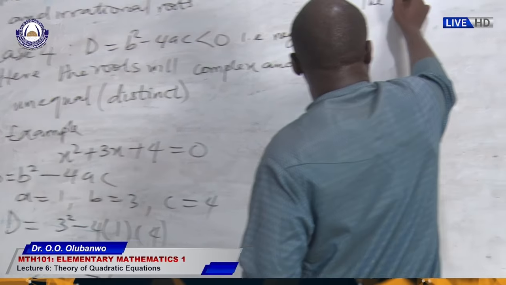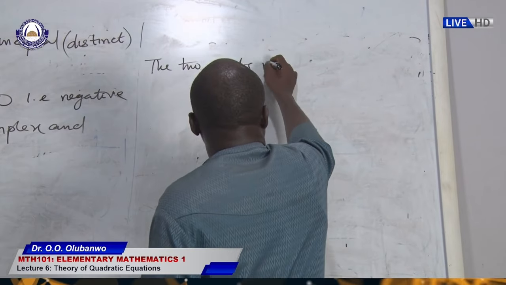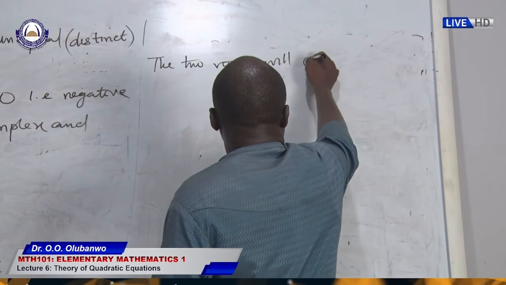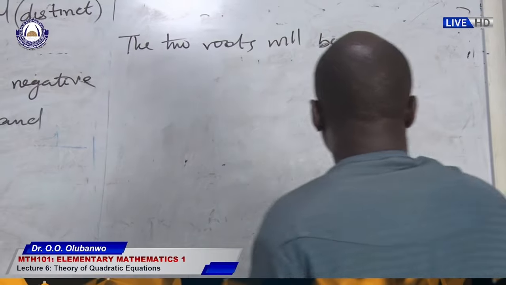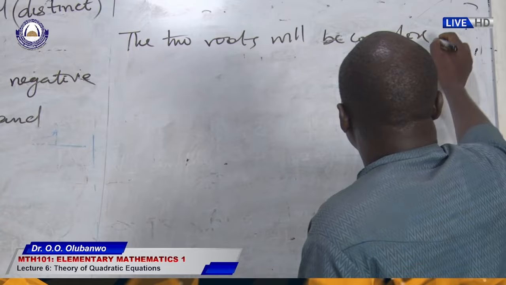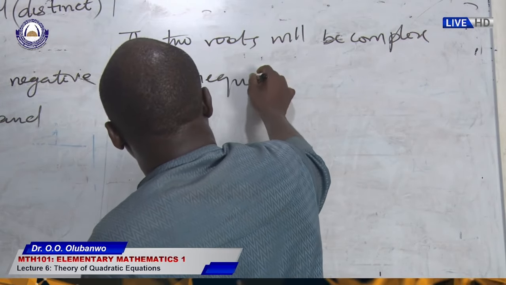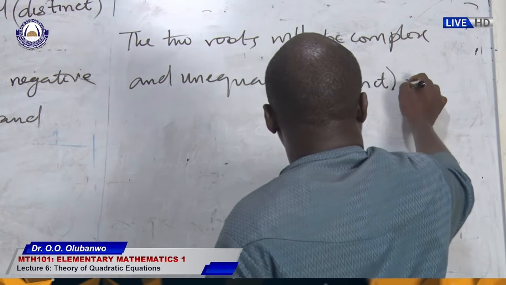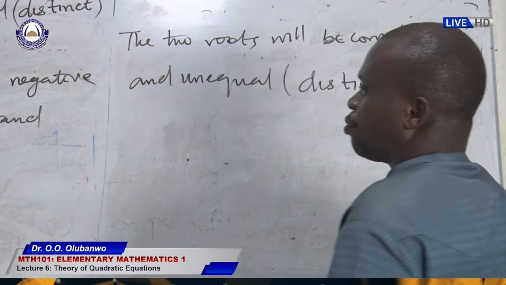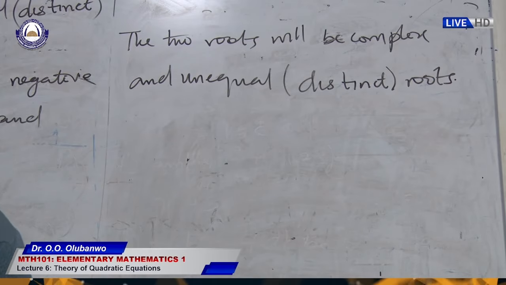The two roots will be complex and unequal, that is distinct roots. Please, let's study fast so that we can move to the next concept. Thank you.